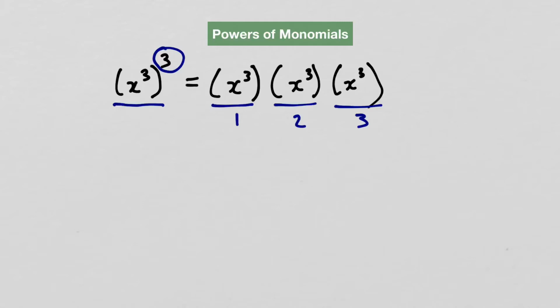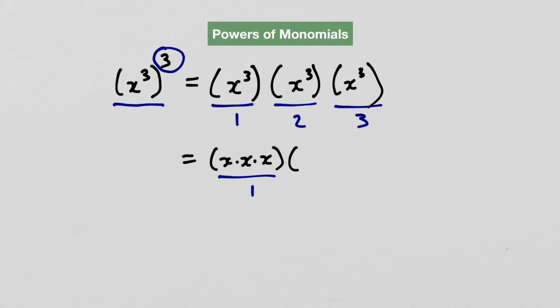Now, to simplify this and put it all back together, we know that x cubed is x times x times x. Okay, that's set 1. I'll write this here, set 1. Okay, that's not divide, it's just set 1.